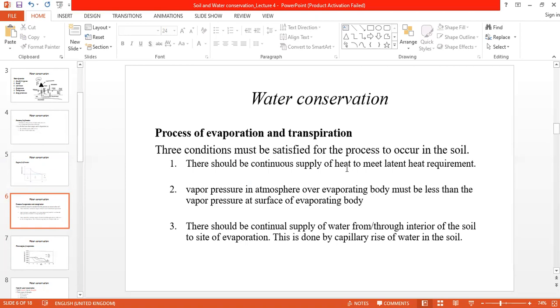Then another process, which is the opposite of infiltration, is evaporation. Remember the first one, we're putting water into the soil via irrigation, it's infiltrating the soil. But now when we talk of evaporation, we have water in the soil, then it's going out of the soil through the surface.